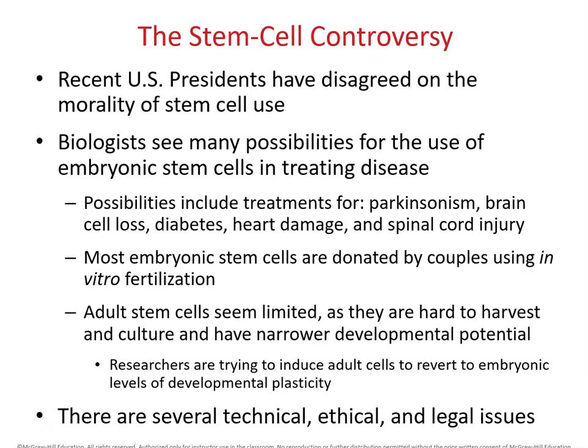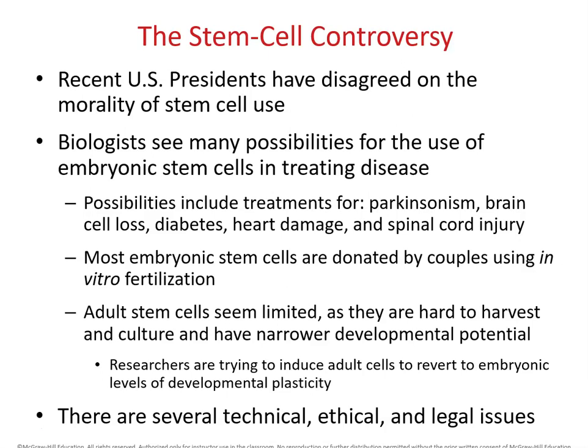The use of embryonic stem cells has enormous potential for treating Parkinson's, brain cell loss, diabetes, because embryonic stem cells can differentiate into all of those cell types. Adult stem cells are a lot more limited in what they can differentiate into. So where we get into sticky issues is, how do we get embryonic stem cells?